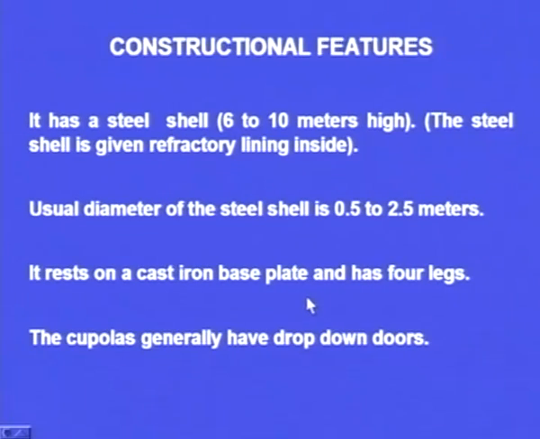So, that is the main component of this cupola furnace, and this steel shell is given a refractory lining inside, and the usual diameter of this steel shell is between 0.5 to 2.5 meters, and it rests on cast iron base which has got 4 legs, and at the bottom it has got a drop down door.